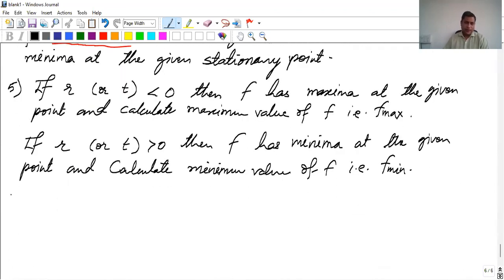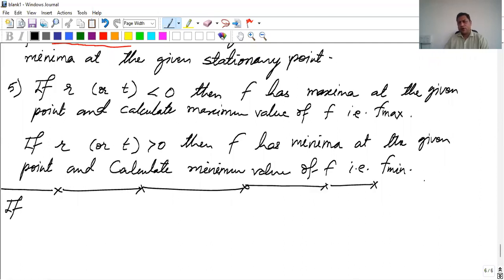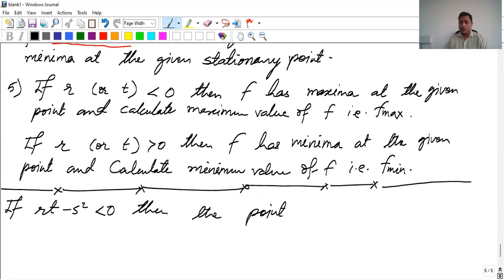Okay. So in this case, if we are done here, these are the steps we have to follow. Now, once we get the maximum or minimum, we have to stop. But if there is no maxima, we can write: if RT minus S square is less than 0, then the point or stationary value is called a saddle point.